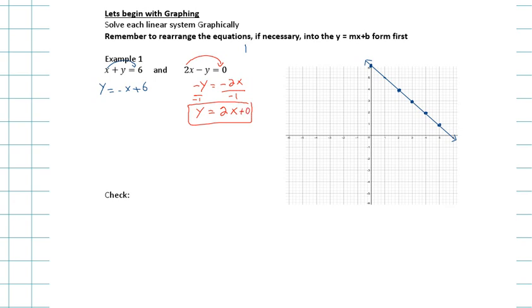So the y-intercept here is 0. Now, what is my slope? 2. That means what? Up 2 over 1. Do you see my point of intersection, I mean?